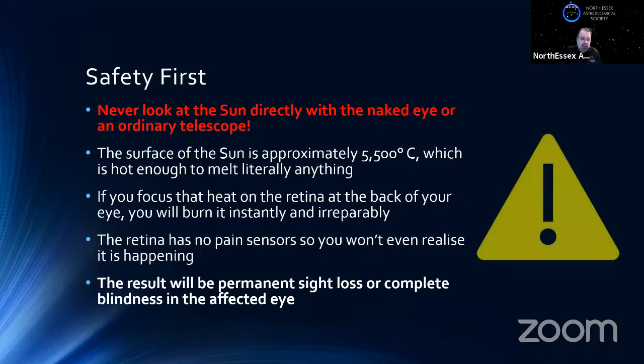You really wouldn't feel that because there are no pain sensors in the back of your eye, so you wouldn't know what's happening. The first thing you would know is that you have a blank spot in your eye, or that you would actually not be able to see at all, and it's too late. Once you've damaged your eyesight, you cannot fix it. It is a permanent problem you will never recover from. So please do not ever look at the sun through a telescope or binoculars. You've one pair of eyes, please take care of them.